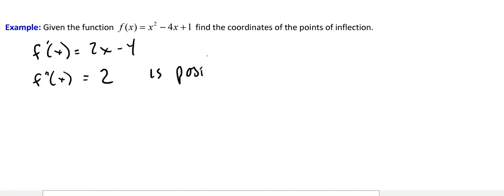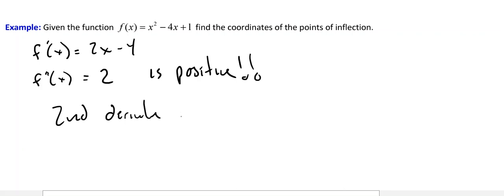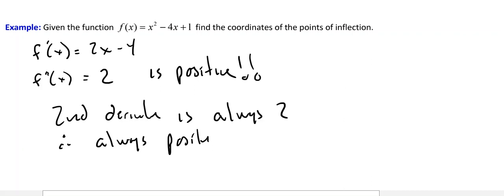It's a positive 2. And so the second derivative is always 2, therefore always positive, therefore it's always concave up.